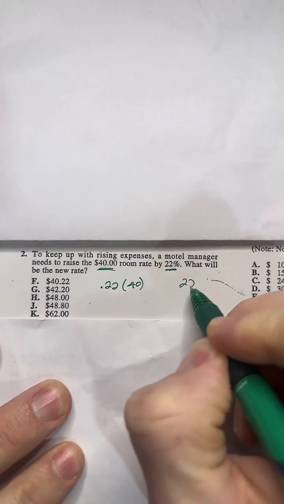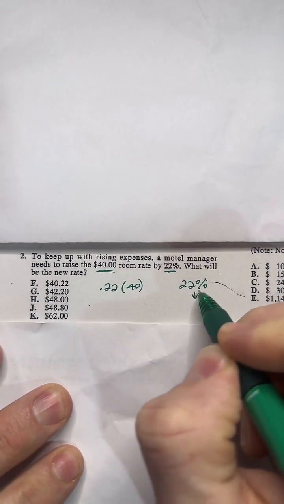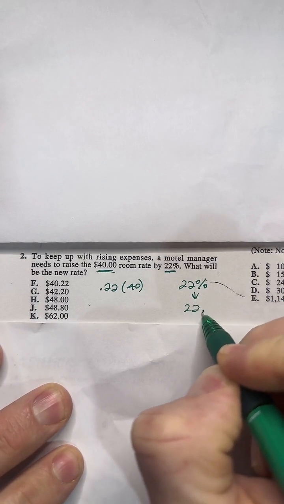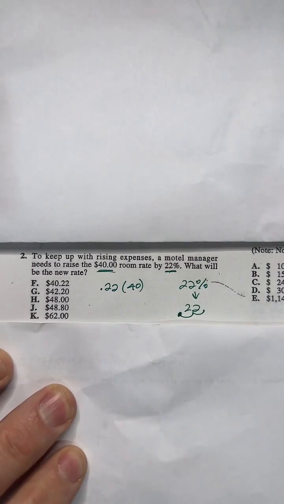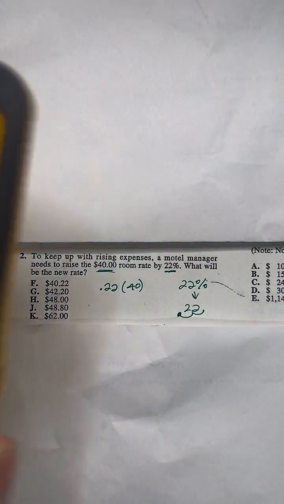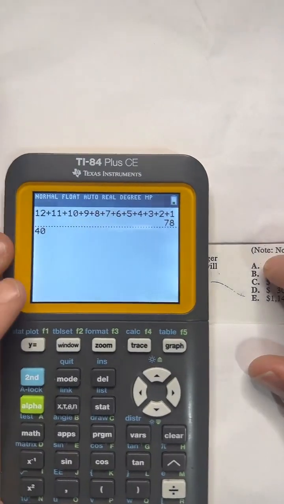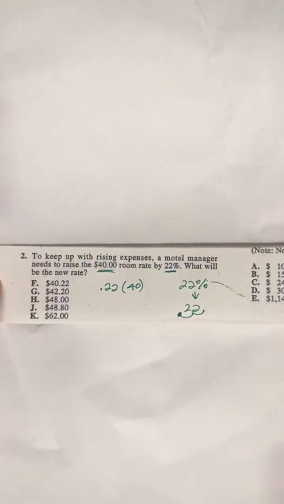When you have 22%, to convert that to a decimal, we move the decimal place over 2 times. So we get 0.22. If I take my 40 and multiply by 0.22, we get 8.8.